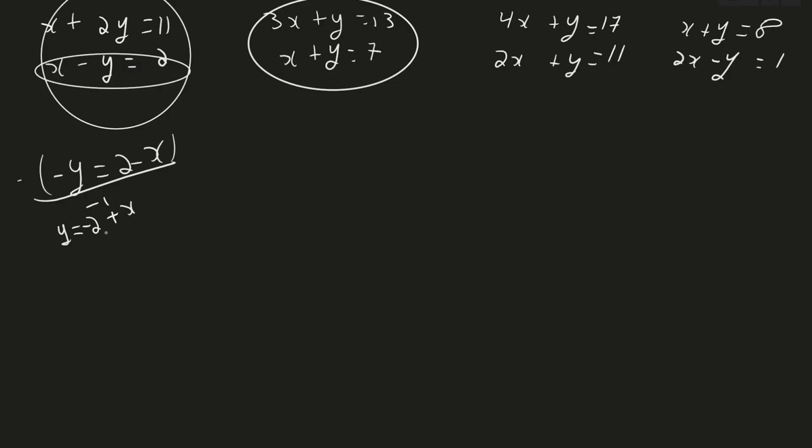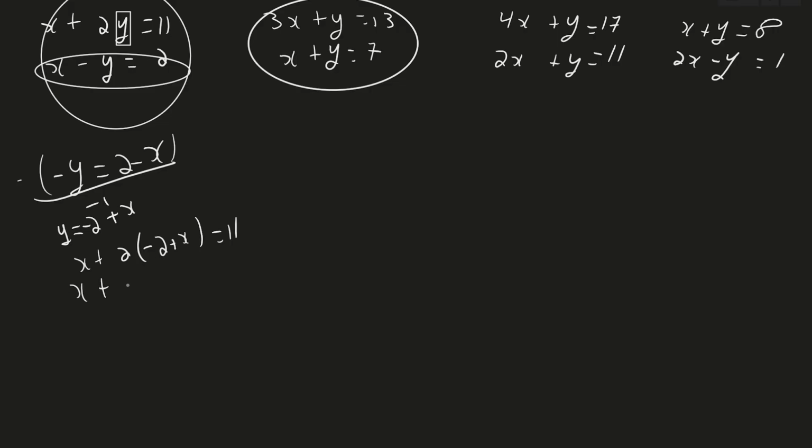And we can just plug this in now for this y in this equation. So it's going to equal x plus 2 times negative 2 plus x equals 11. Then we just distribute this, and if you don't understand what distribute means, you can watch one of my other videos where I explain that.